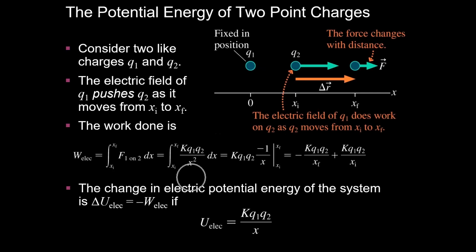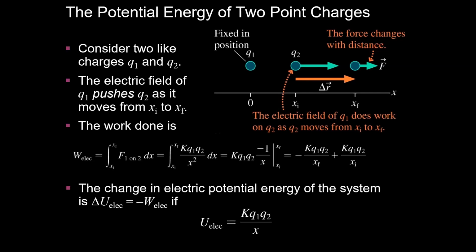What about for two point charges? For two point charges, the situation is a little bit different because the force is variable. Since the force is variable, we have to integrate to find the potential energy. The general definition of potential energy in terms of force is technically the minus integral of the force over the position variable.